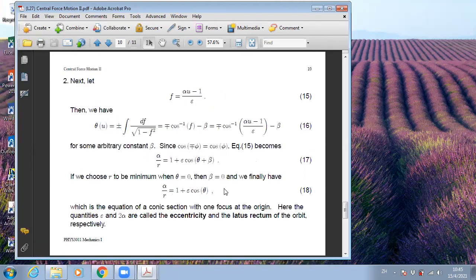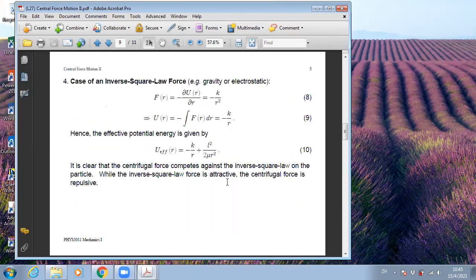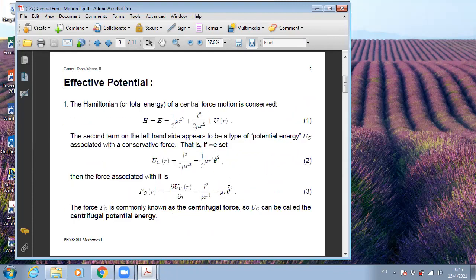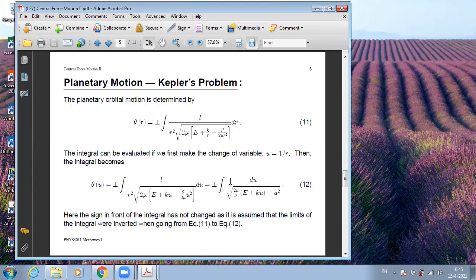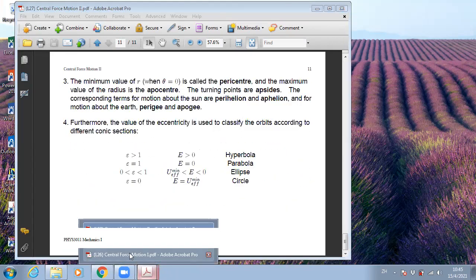Then you may ask, what happened to the other cases?